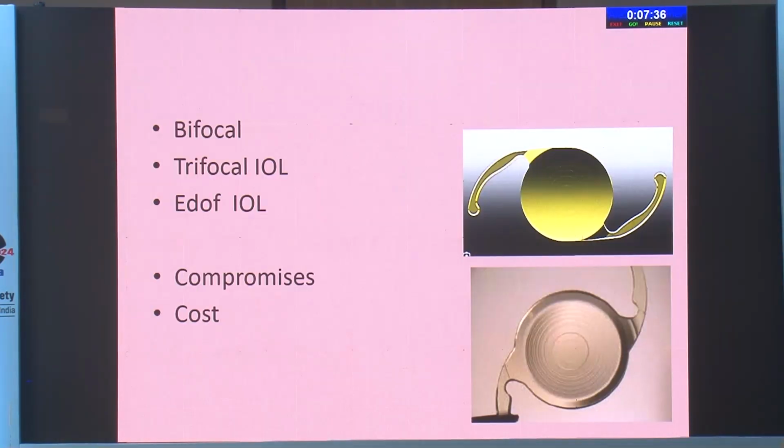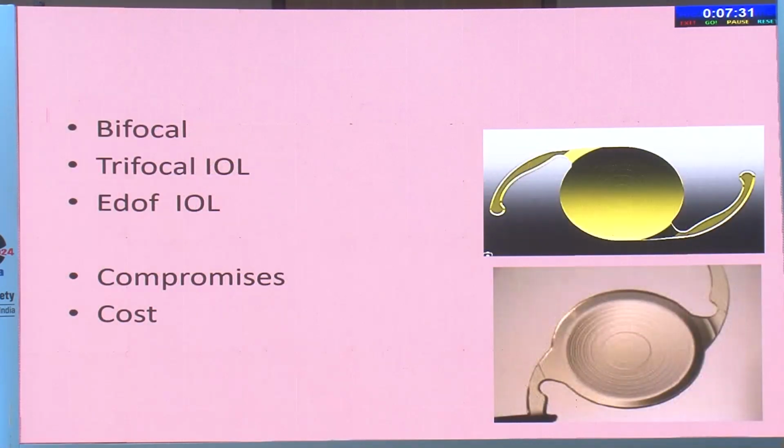But the revolution was with the introduction of bifocal, trifocal or EDOF lenses. But these lenses are not without compromises, particularly the night vision problems, and the cost is a very limiting factor.